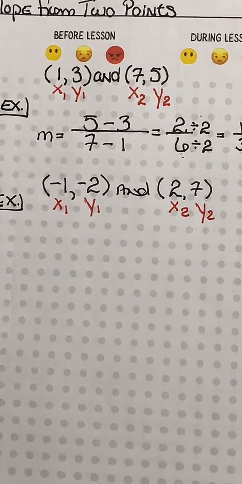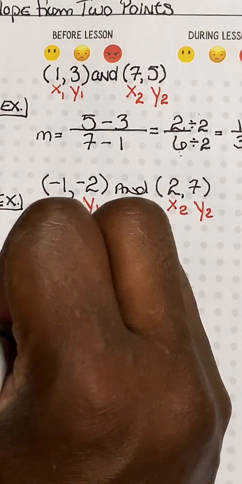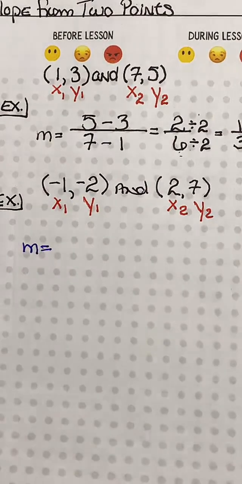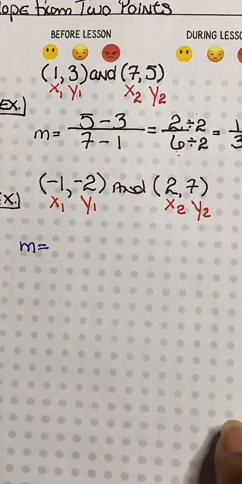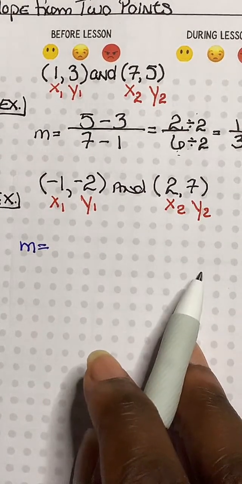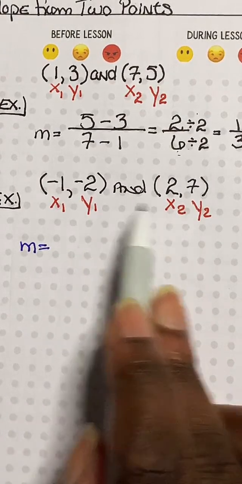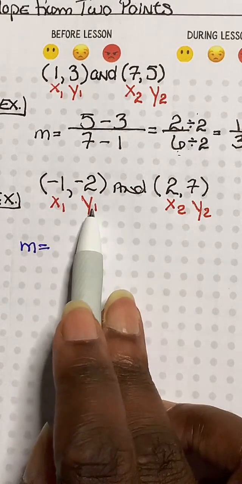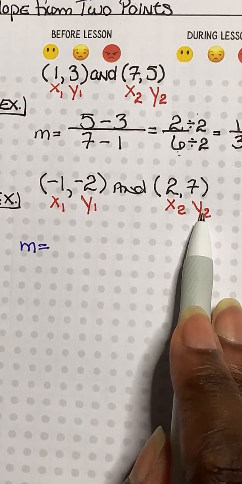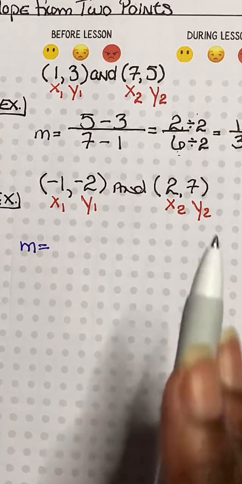So when we are looking at our slope, remember, it's the difference of your y's over the difference of your x's. So I'm going to show you that you can get the same answer if you do y2 minus y1 over x sub 2 minus x sub 1, or you can do y1 minus y2 over x1 minus x2.